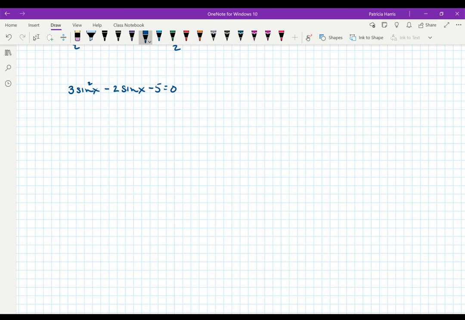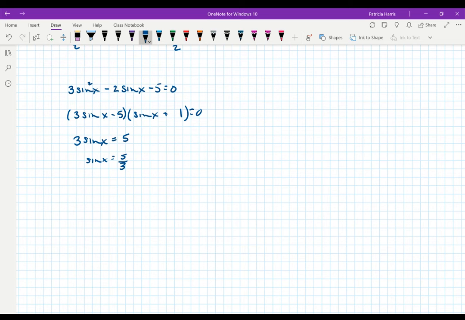Okay, this is sine, so let's try that one. Solving.